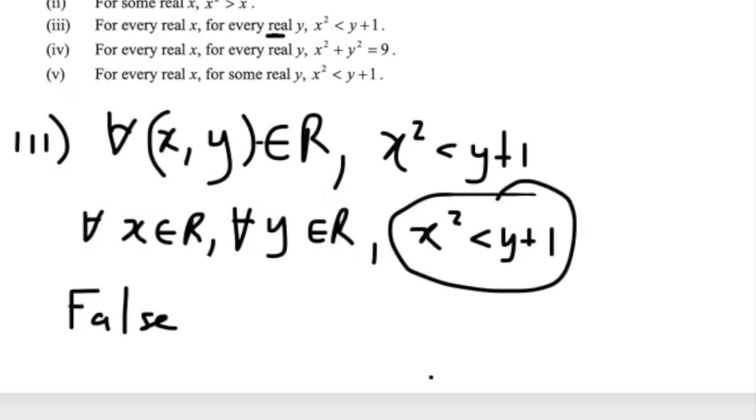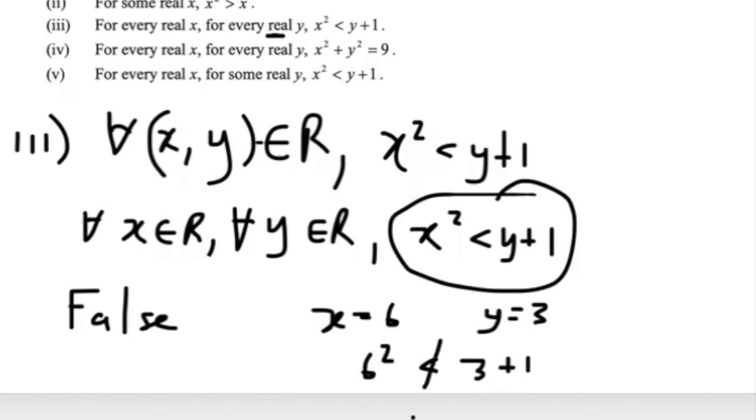And that's not correct. Because if I choose x to be 6 and y to be 3, I just use a counterexample. That sure is not correct because I'll have 6 squared, which is not less than 3 plus 1. So, therefore, this statement is false.